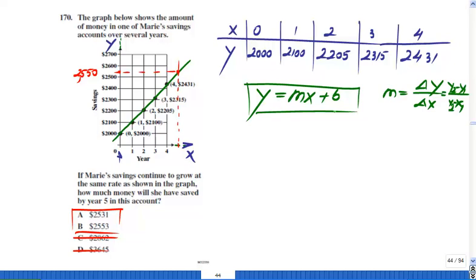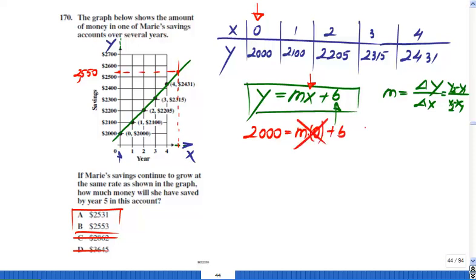Good. How about b? How can we find b? Well, an easy way to find b is by making your x here 0. And when that x equals 0, we know the value of y. Y will equal 2,000, right? So I will have 2,000 equals my slope times 0 plus b.